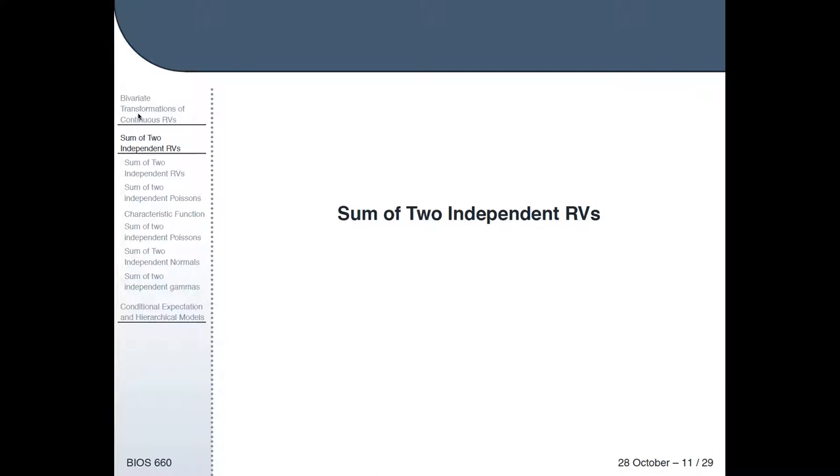For a discrete random variable, if you say u equals x plus y, you can say the probability x equals 0 times probability y equals u, plus probability x equals 1 times probability y equals u minus 1, then just sum over those. And for continuous random variables, you can do an integration analog of that. That's usually easier than messing with the Jacobians.